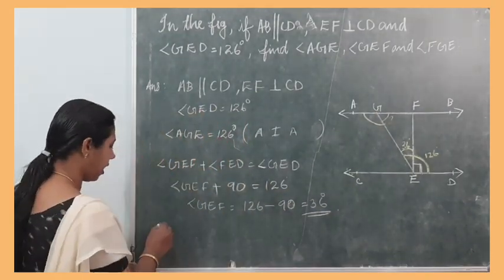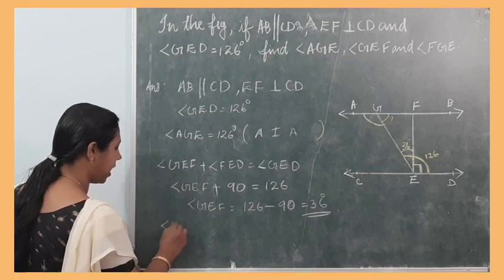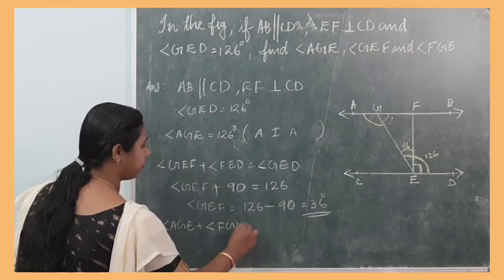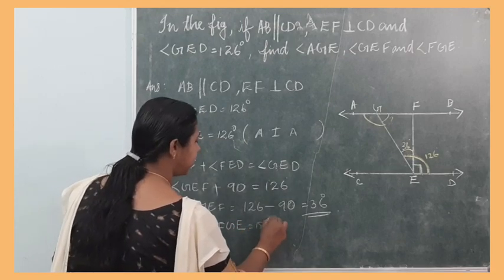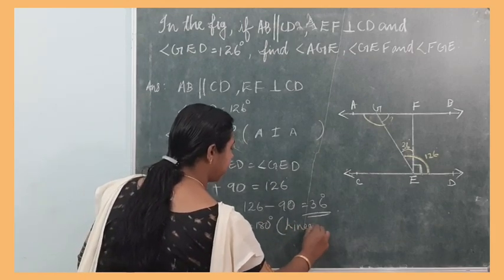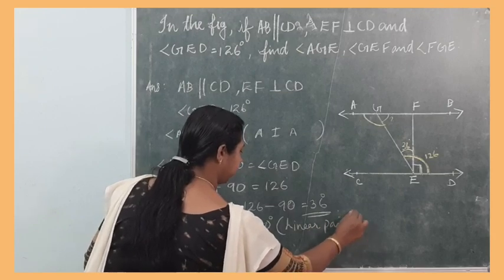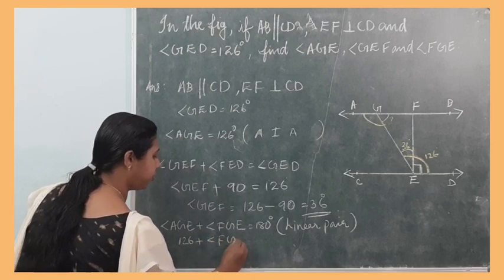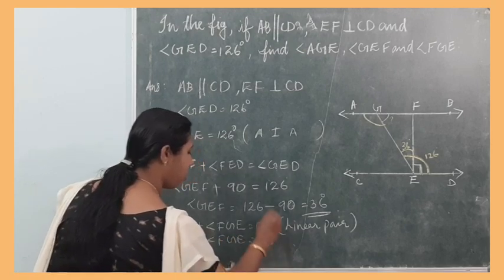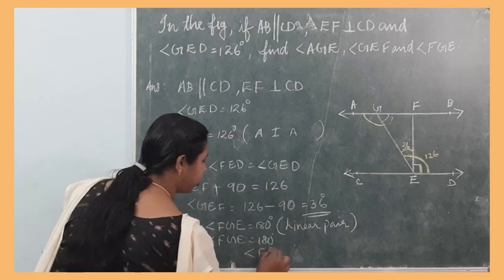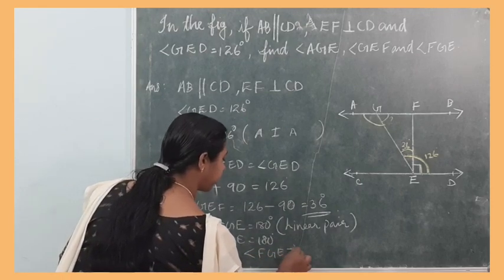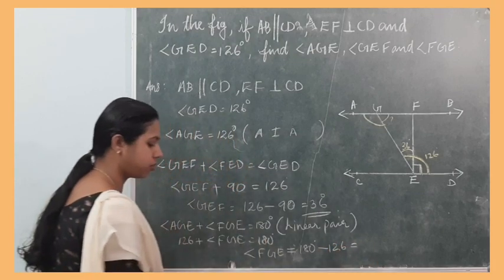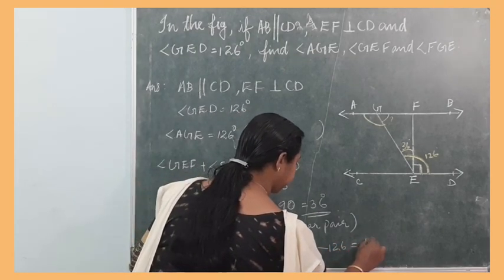So angle AGE plus angle FGE is equal to 180 degree. There is a linear pair. So 126 plus angle FGE is equal to 180 degree. So angle FGE is equal to 180 minus 126, that is equal to 54 degree.